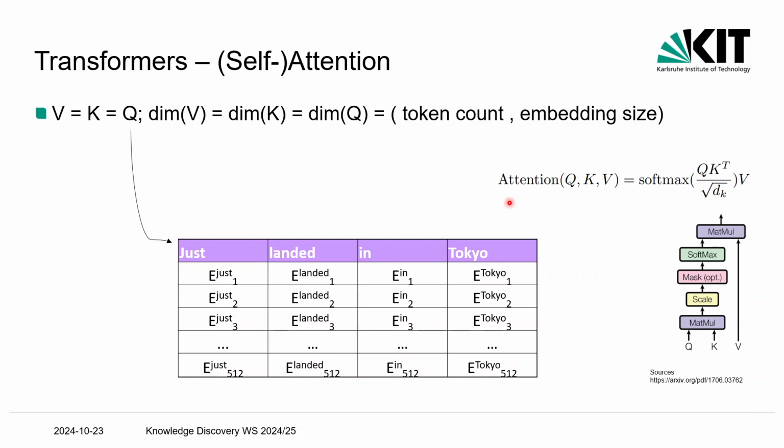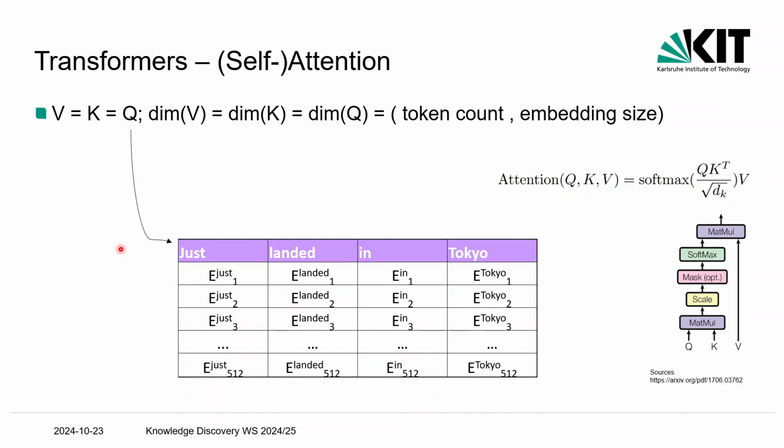So we start with our matrix of embeddings. We have our "just landed in Tokyo" part of the sentence, each with a word embedding associated to it of 512 dimensions. And so this will be the V, K, and Q matrix.